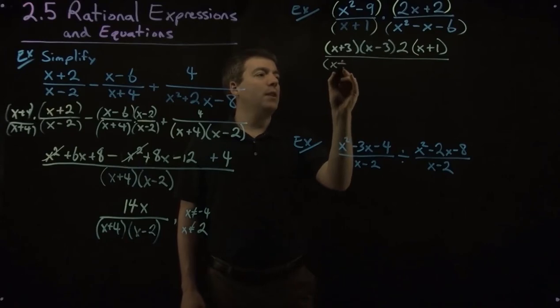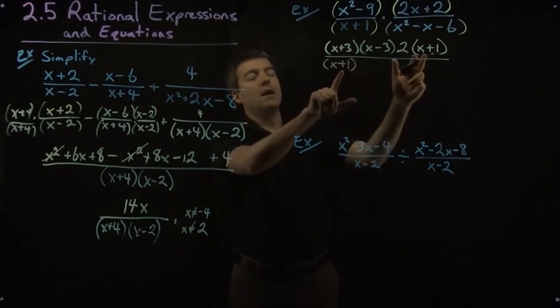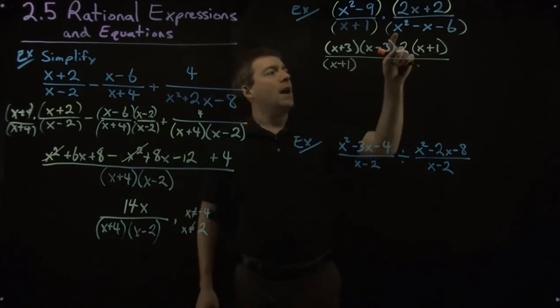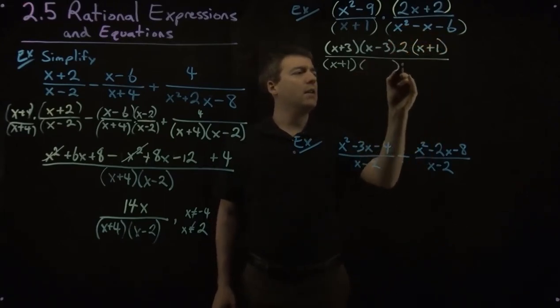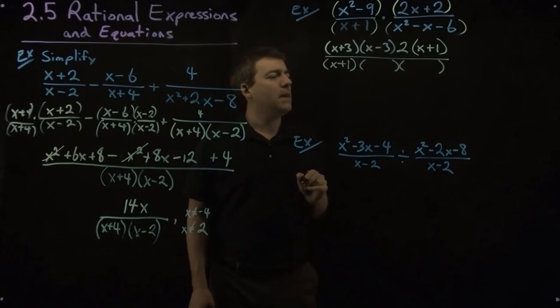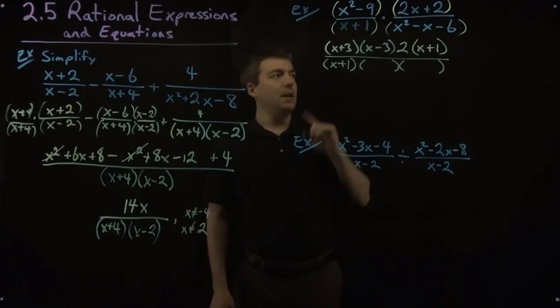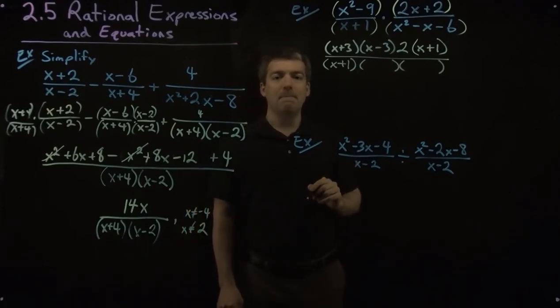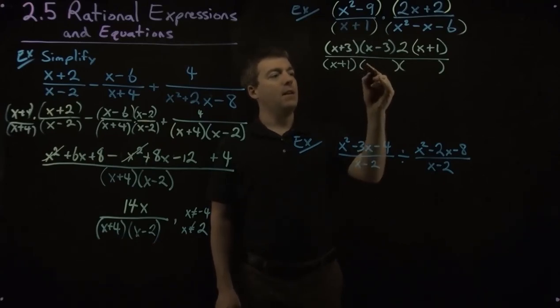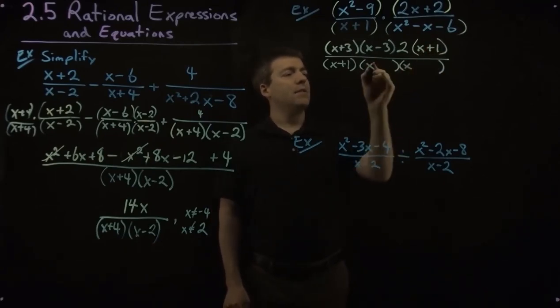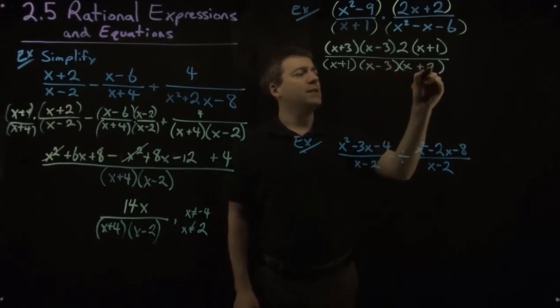We have x plus 1. Already see a common factor. And then this, x squared minus x minus 6. That's a quadratic. So factor that. Go ahead and pause the video and find the factorization of that. All right, x and x, it's like minus 3 and plus 2.